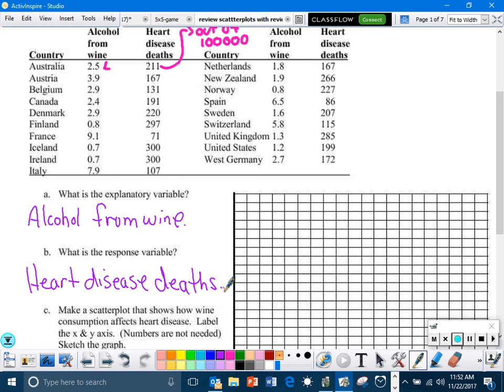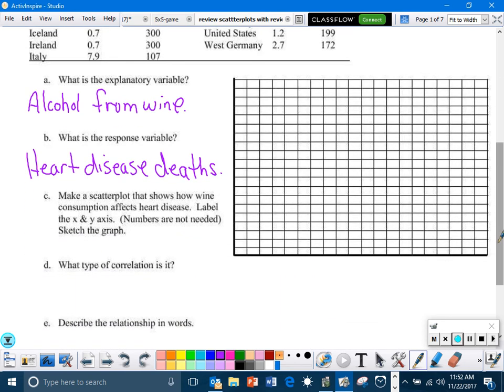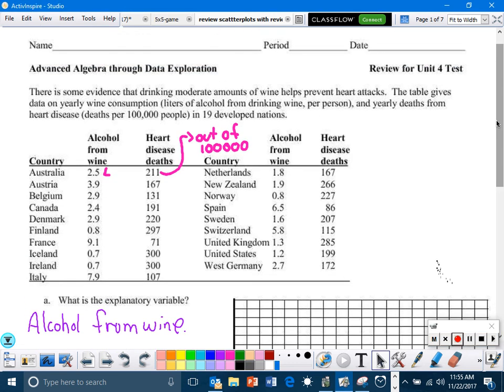The next thing we're going to do is make a scatter plot that shows how wine consumption affects heart disease. Label the X and Y axis. Numbers are not needed. Sketch the graph. We need to enter the numbers into list 1 and list 2. In list 1, we put the alcohol from wine.